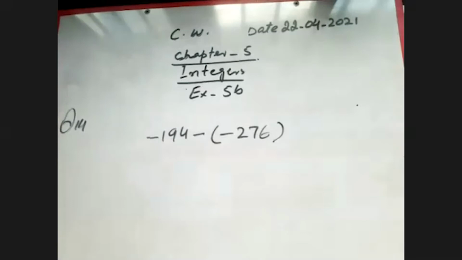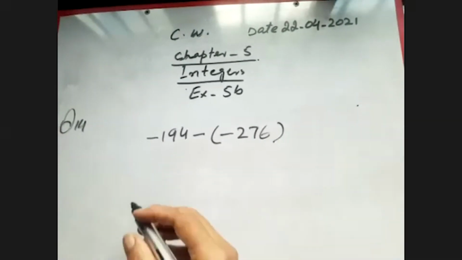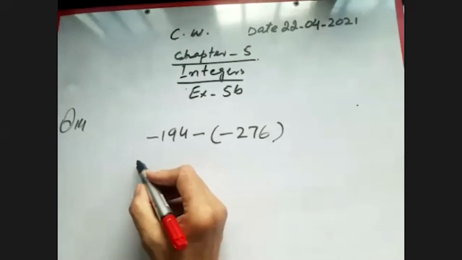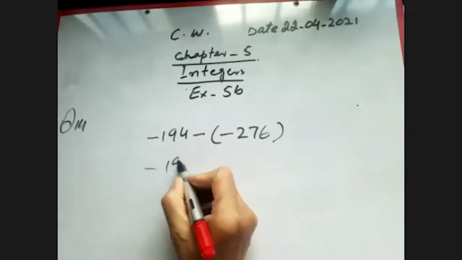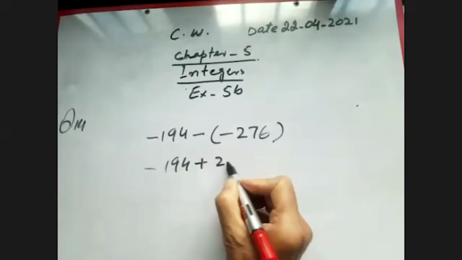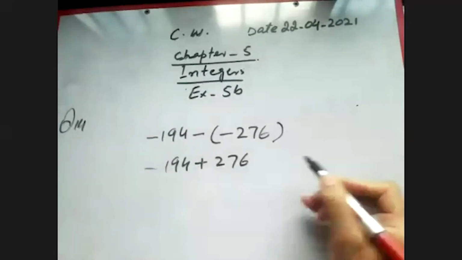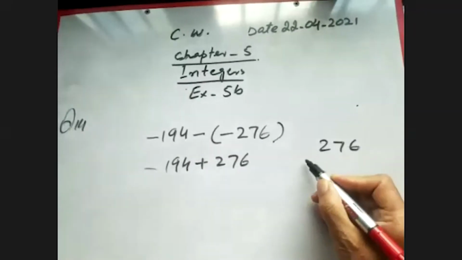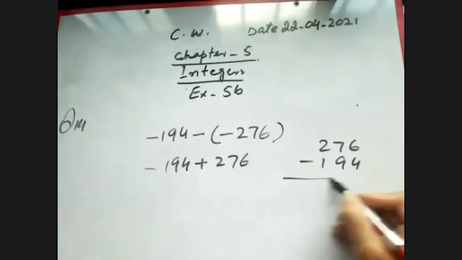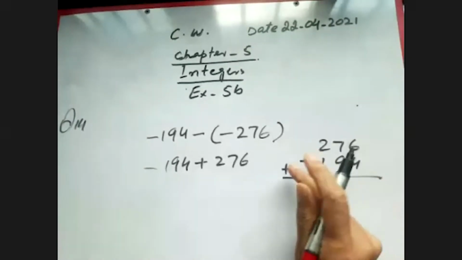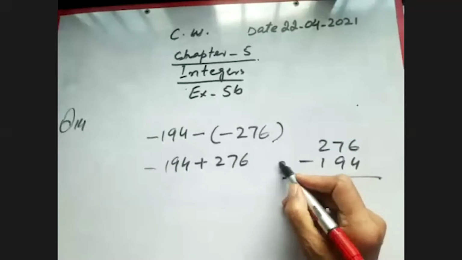So both are negative ages. You have to subtract to find out the age. Minus 194 plus 276. 276 minus 194. Do the subtraction as plus minus.